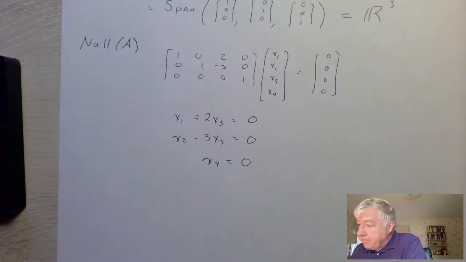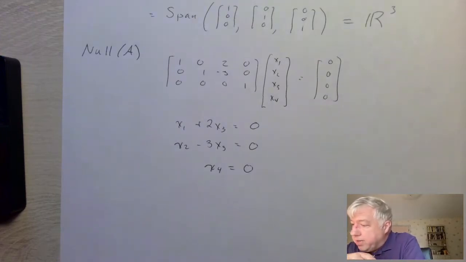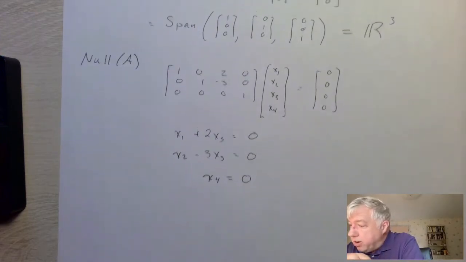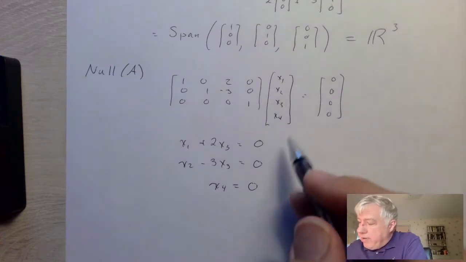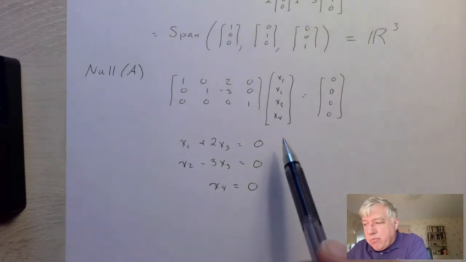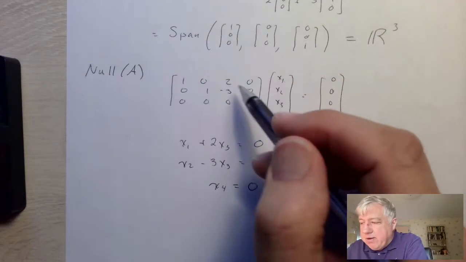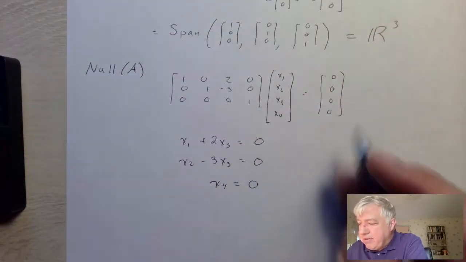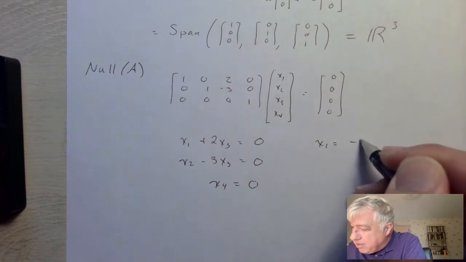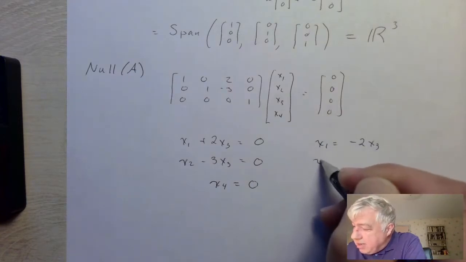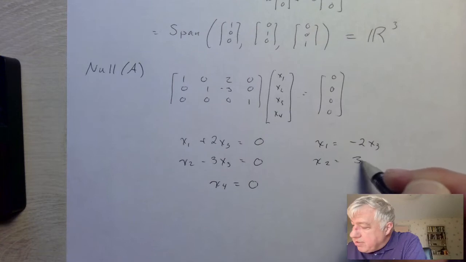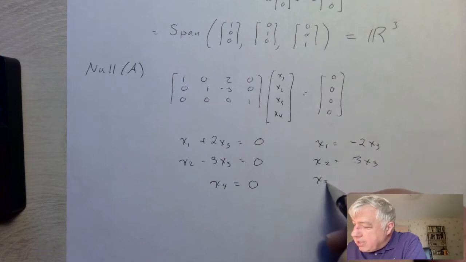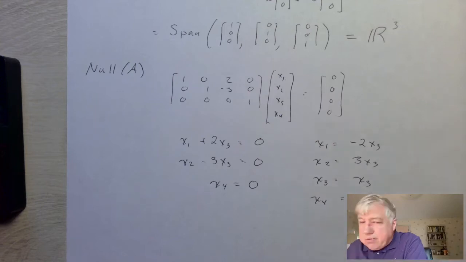So what are we talking about here? We can see that we have a free variable corresponding to this column at x3. Everything can be written in terms of x3, because x1 can be written as minus 2x3, x2 can be written as 3 times x3, x3 can be written as x3, and x4 is 0.